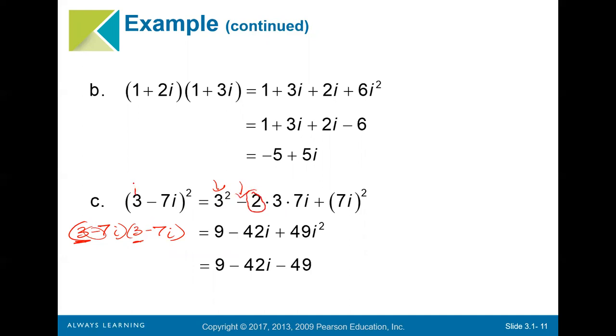And what is the middle? It's going to be 3 times that 7i. So 3 times 7i, and we doubled it. And then we're going to square the last part. So this is if and only if the binomials are identical. Signs have to be the same and everything. So that's a shortcut if you would choose to use it.